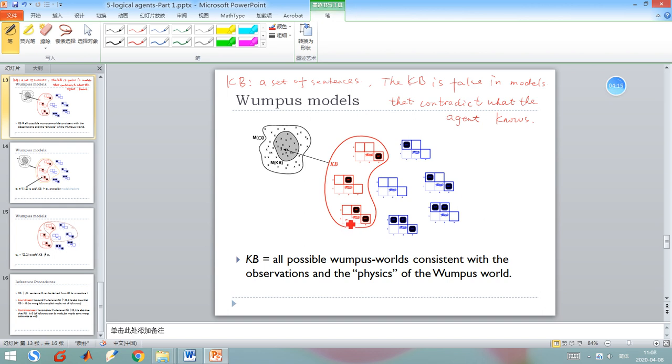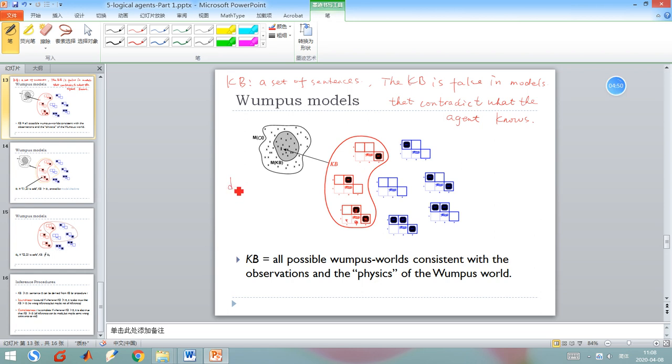Moreover, there should be a pit in either square 3,1 or 2,2 or both, because there's a breeze in this square. So the KB includes these three possible models, which are surrounded by the red line in this figure.